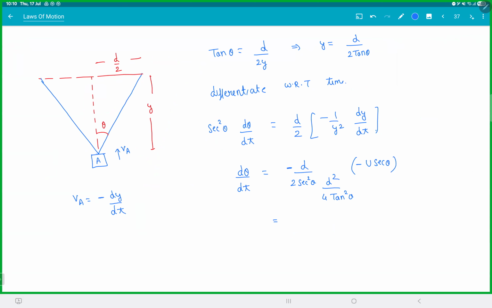I hope I'm right so far. Then simplify this. 1 d will be left, 1 2 will go up, 1 sec theta will cancel. Get a tan square theta, that will be u by 2d tan square theta by sec theta.